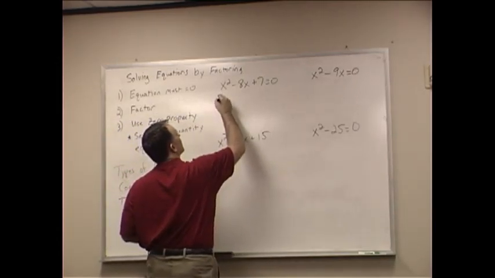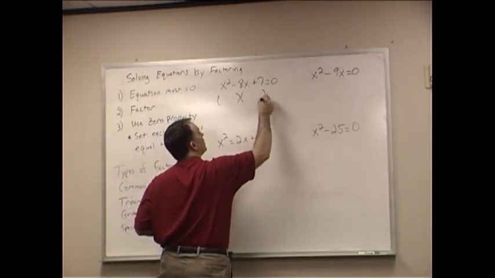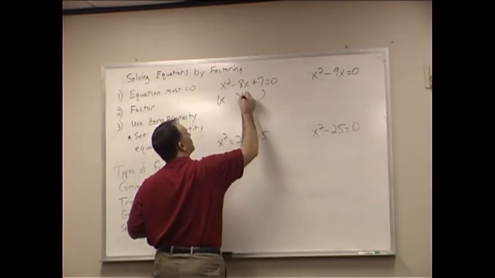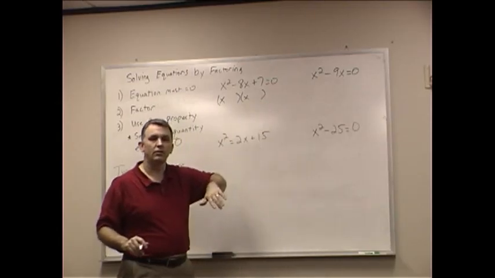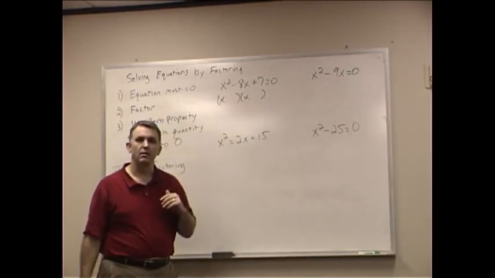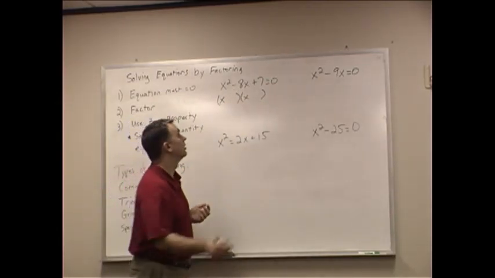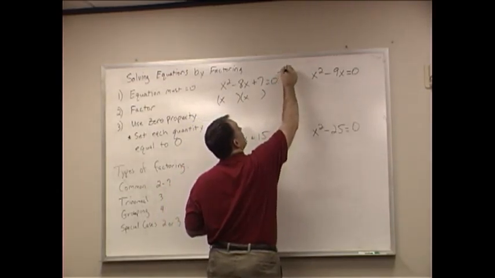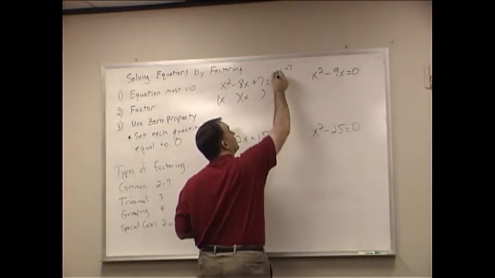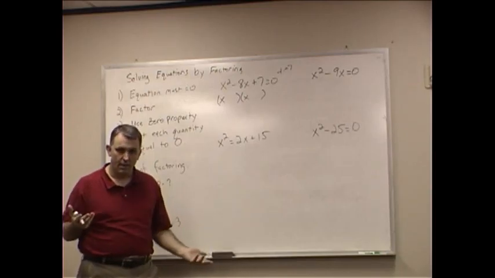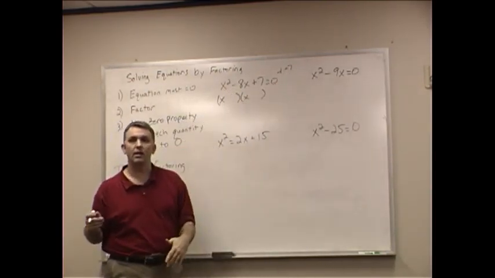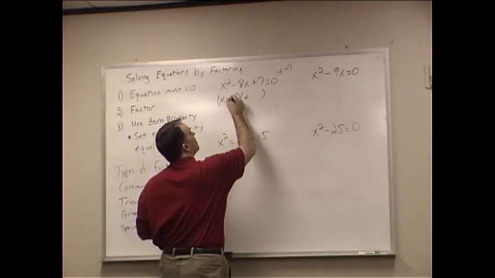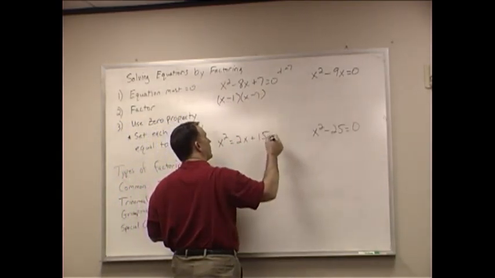All right, so I'm going to do parentheses here, an x and an x. Are there any terms that multiply to be 7 and add to be negative 8? And it turns out there are. Negative 1 times negative 7 is positive 7, and negative 1 plus negative 7 is negative 8. So I can put my minus 1 and my minus 7 in there.